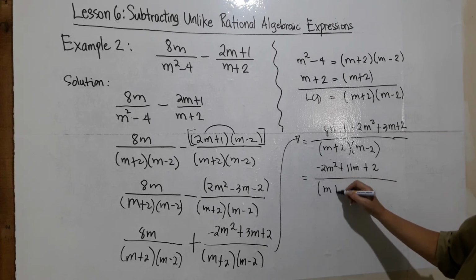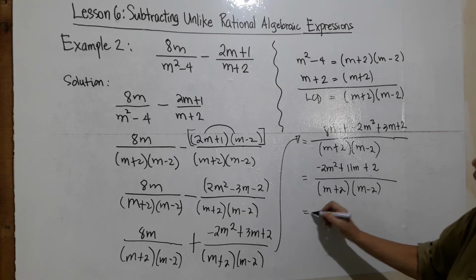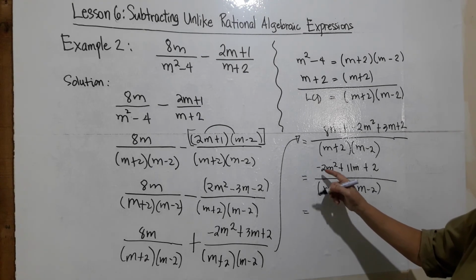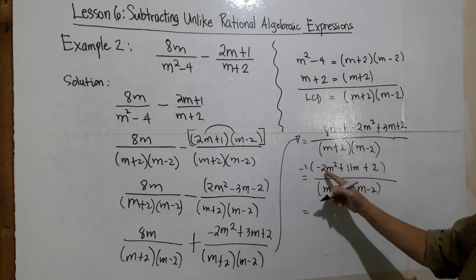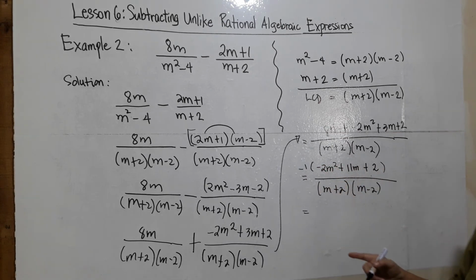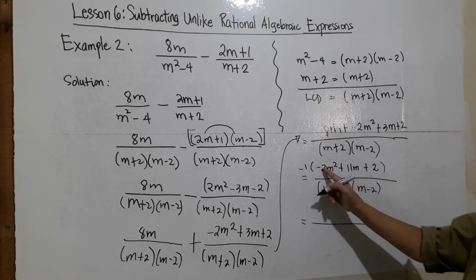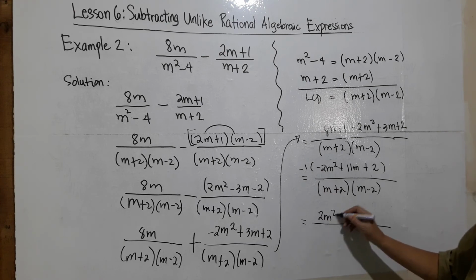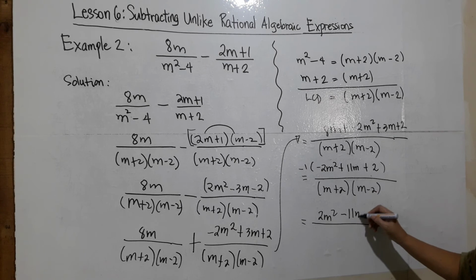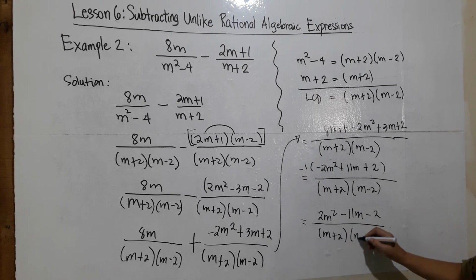Then we have m plus 2 times m minus 2. But we need to multiply the numerator by negative 1 so that the first term will become positive. So we now have positive 2m squared. This will become negative 11m and negative 2. Then copy m plus 2, m minus 2.